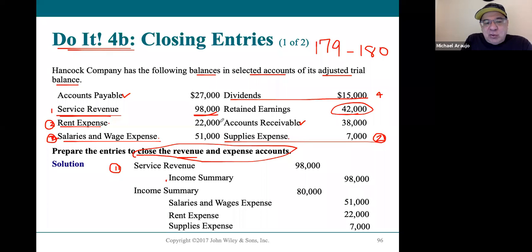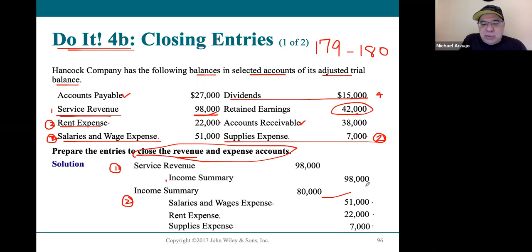Now, again, your rent expense, your salaries and wages expense, and your supplies expense are all on the debit side of their accounts. So in the closing process, to bring each expense account to zero, we total it on the credit side. So now the debit side and credit side are equal, the balance is zero.